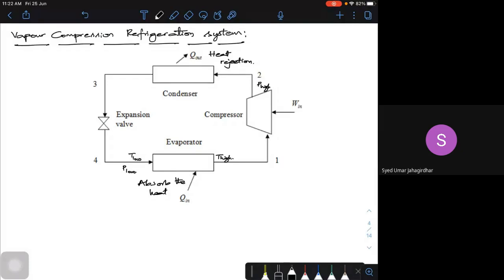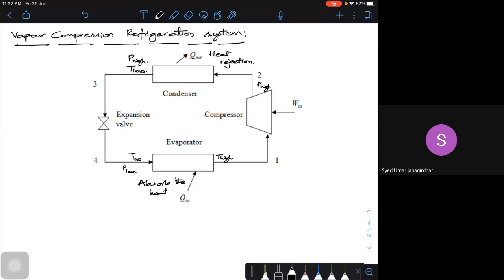Once this heat is rejected, I can't allow the refrigerant to enter the evaporator directly. Even though after rejecting the heat the temperature may reduce, the pressure is still very high, and with that pressure I can't enter the evaporator. To do this, we have an expansion device.